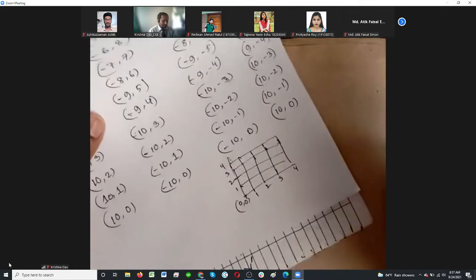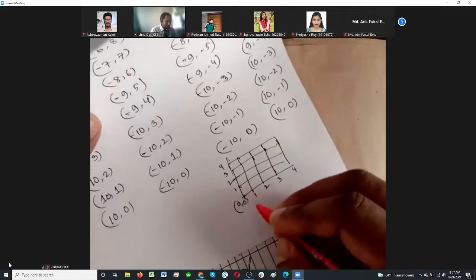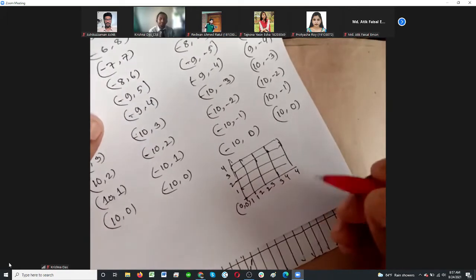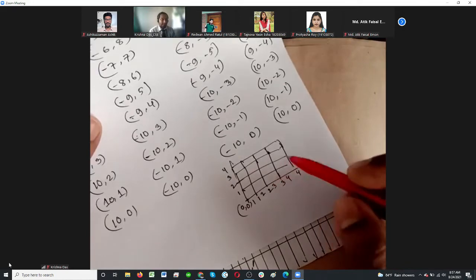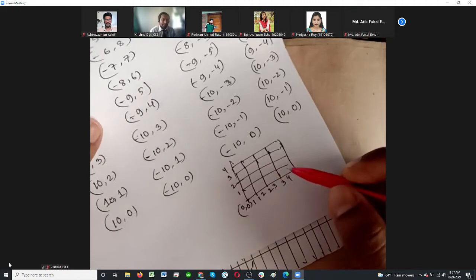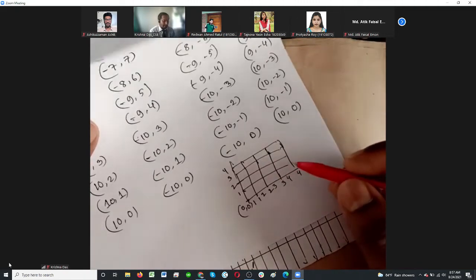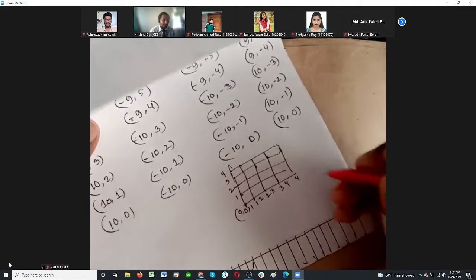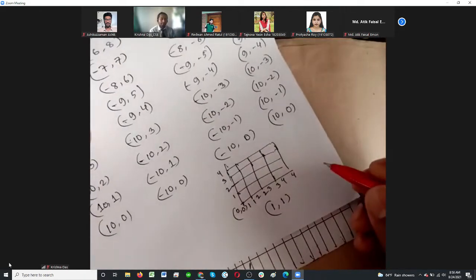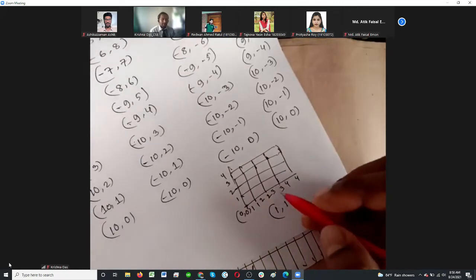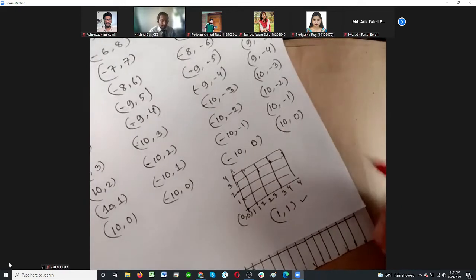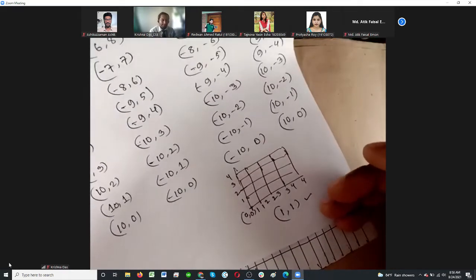Now the problem is that some students define this is 1, this is 2, this is 3, this is 4. You may count those as pixel numbers but not the coordinate. Say we have a coordinate value 1 and 1. That 1, 1 is a coordinate point, x and y, and it is going to have a pixel.